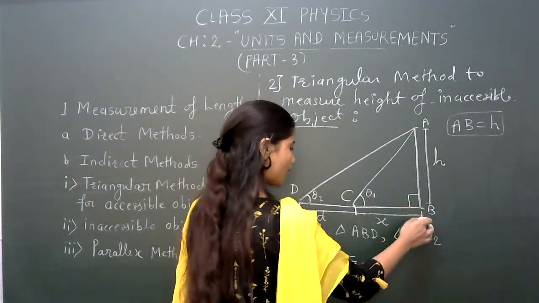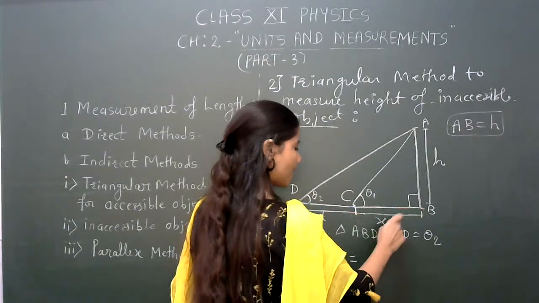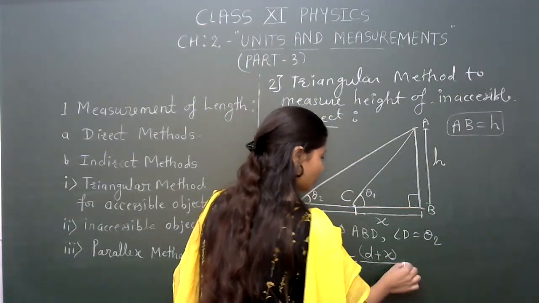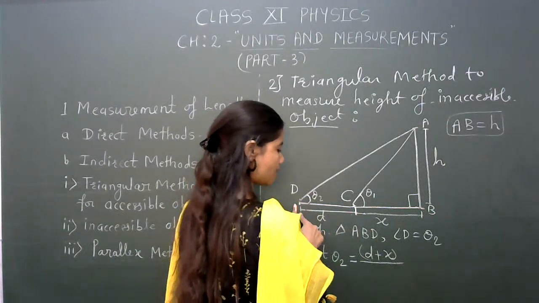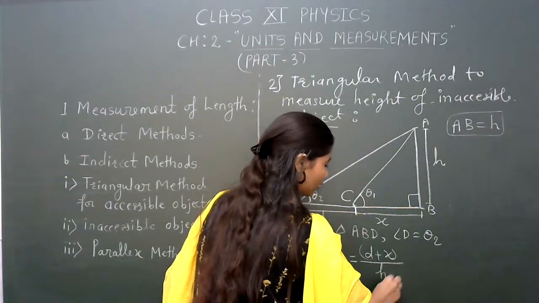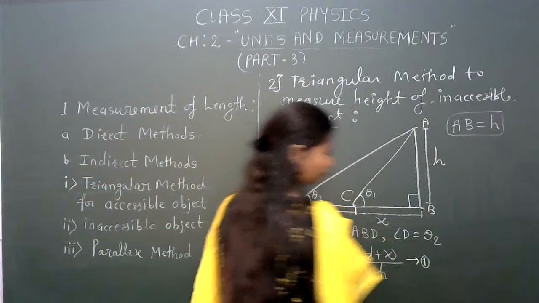So what will be your base in the case of triangle ABD? It will be d plus x, not only d. The adjacent side or the base is d plus x, and it is divided by the perpendicular h. This is our equation 1.